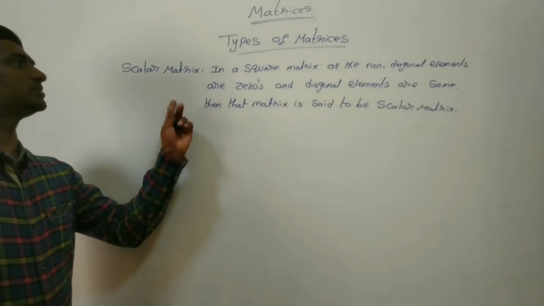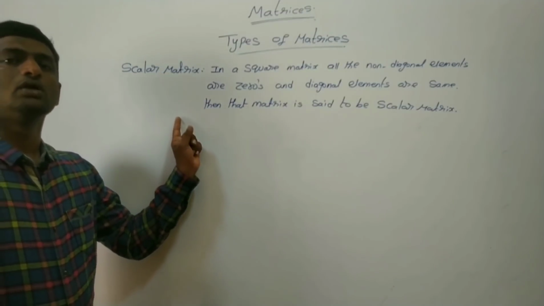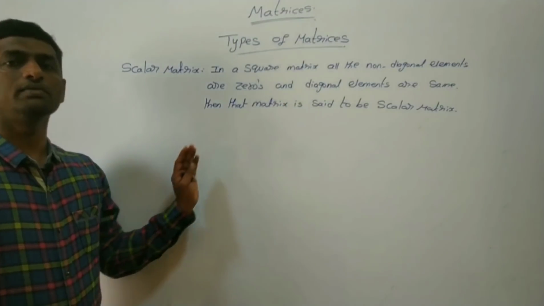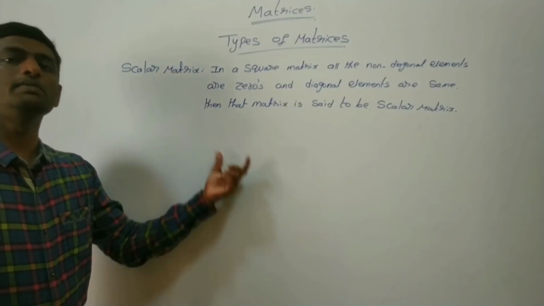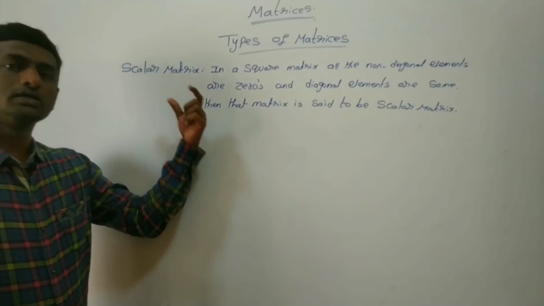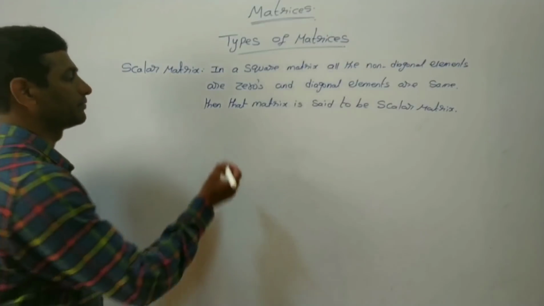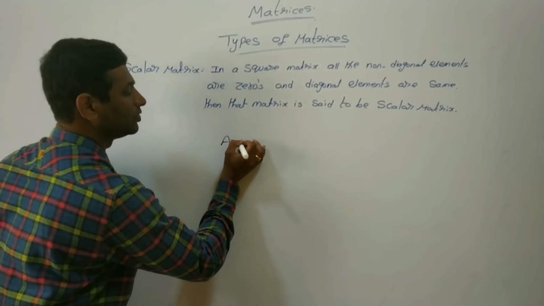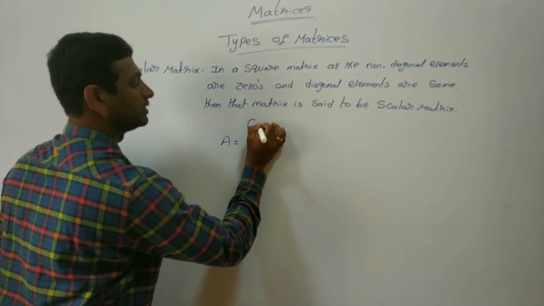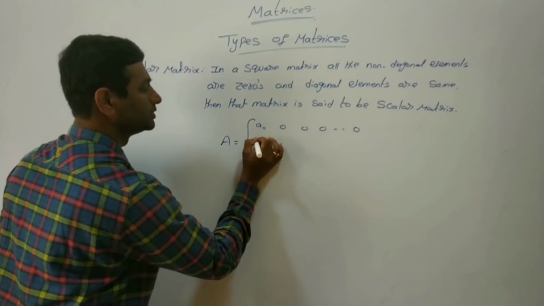In the previous type of matrix, it is a diagonal matrix in which all non-diagonal elements are 0, but the diagonal elements may be different. But coming to this scalar matrix, here non-diagonal elements should be 0 as well as diagonal elements should be the same. Like A is equal to A11 0 0 0 so on 0 0.